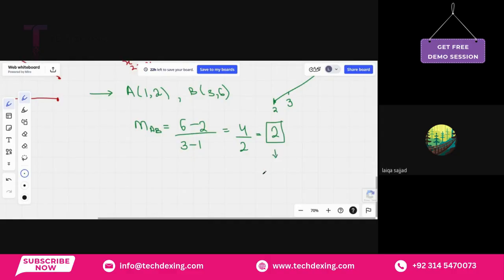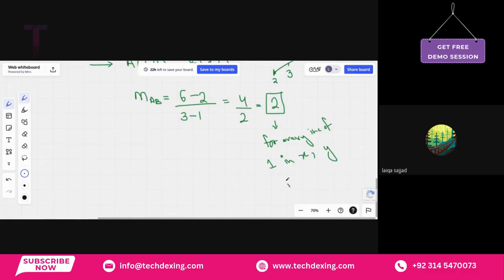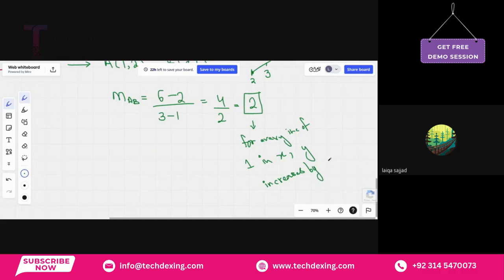Got it? Okay. So for every increase of 1 in x, y increases by 2.